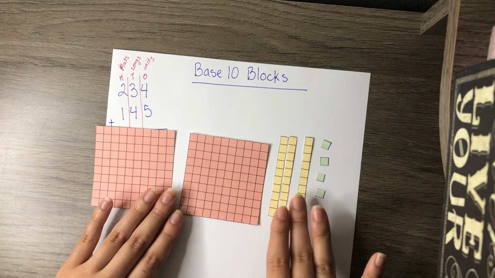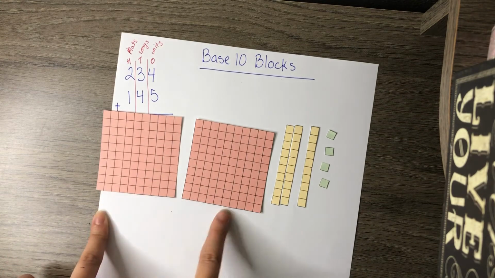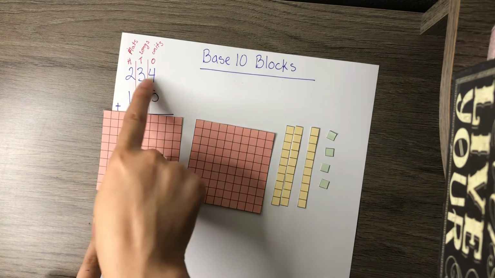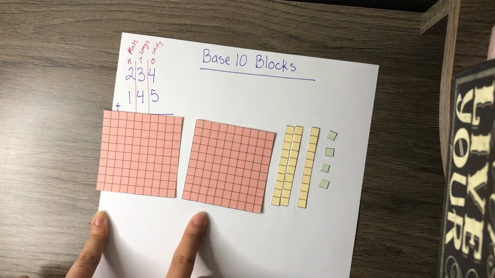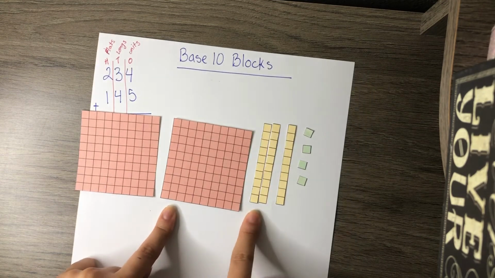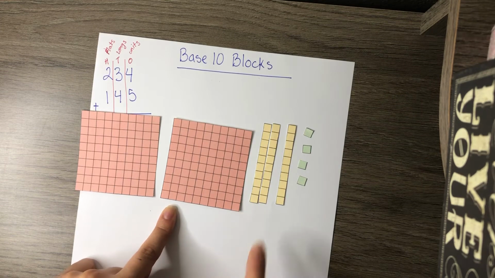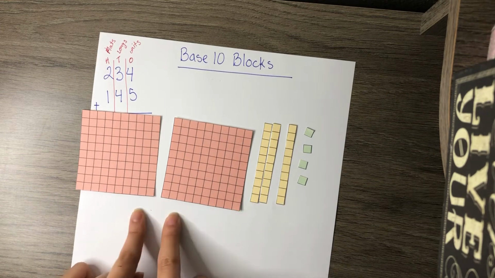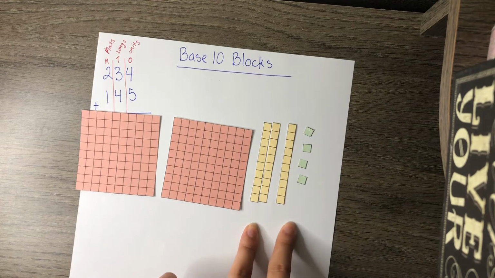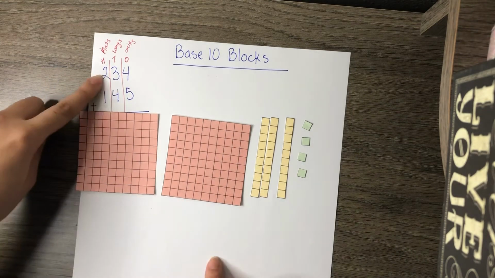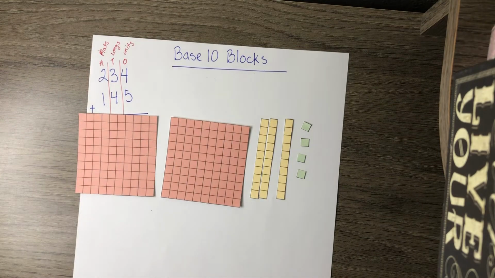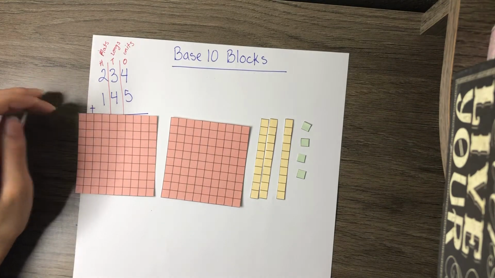So now this right here represents 234. We have 2 flats, which is 100 plus 100 is 200. 3 longs, which is 30, would be 230. And then 4 units, we have 234, our number.